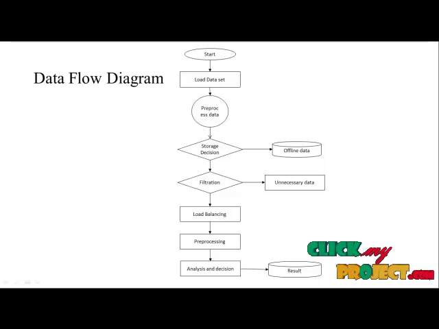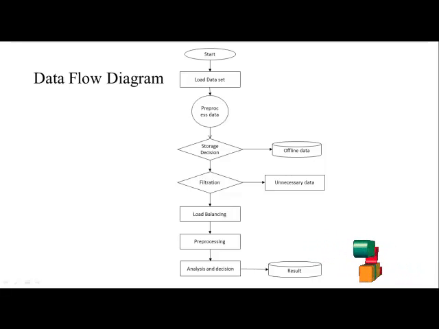If such data occurs in the database, it will be stored as unnecessary data and deleted from the database, and then the remaining data is sent to the load balancing. The load balancing will split the records into multiple machines for processing the data.